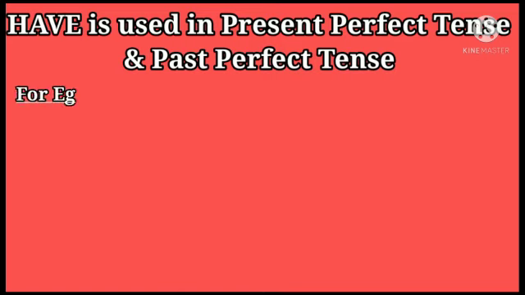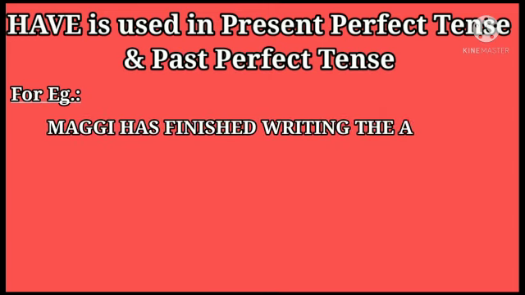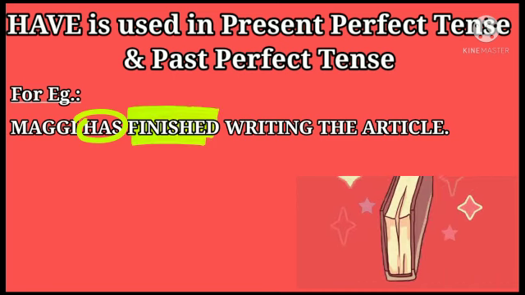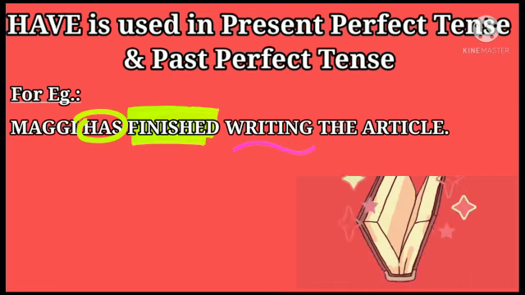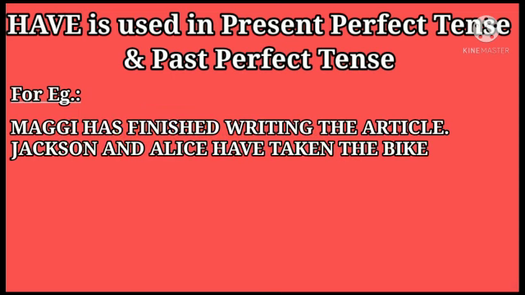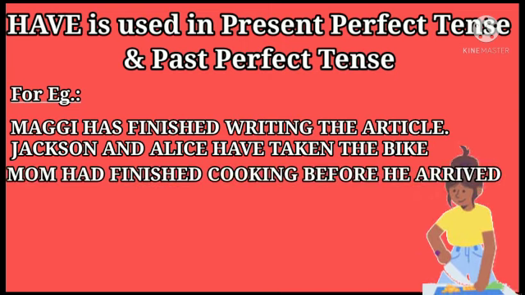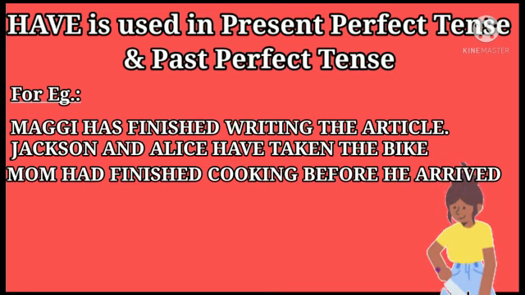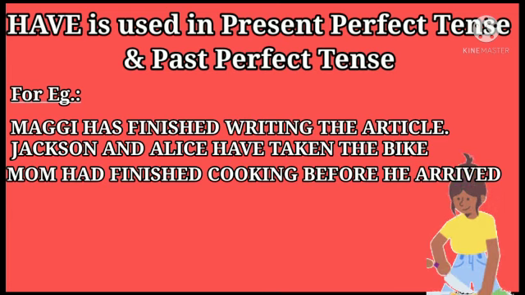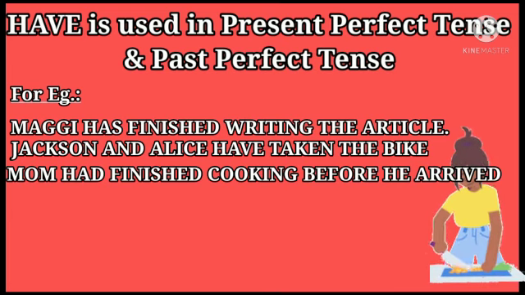Let us see a few sentences. Maggie has finished writing the article. Has and finished. Then writing. Jackson and Alice have taken the bike. Mom had finished cooking before he arrived. So these three examples are of present perfect and past perfect tense.